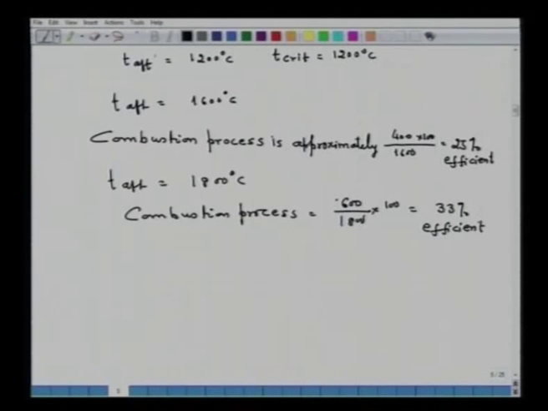So, if we now take T critical as say 1000 degrees, then the same AFT will give little higher efficiency. So, what this calculation suggests is that adiabatic flame temperature is a very important parameter for fuel utilization purposes.